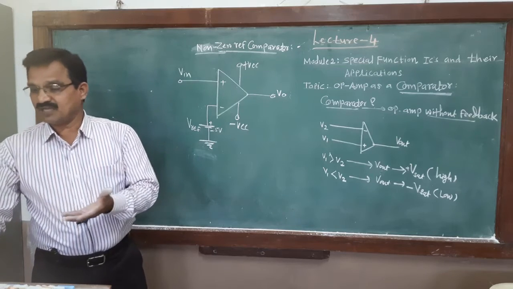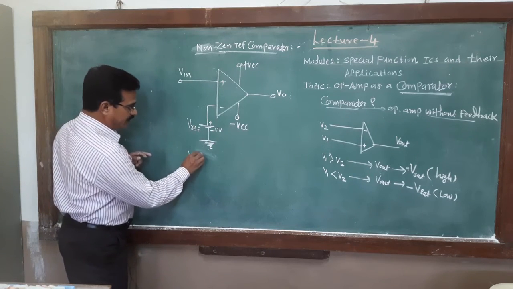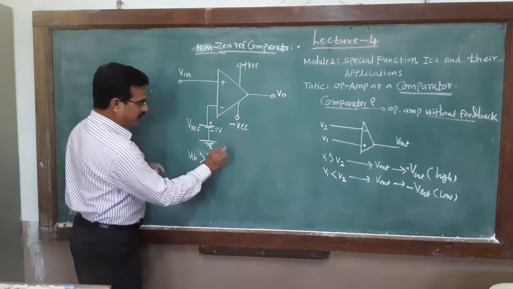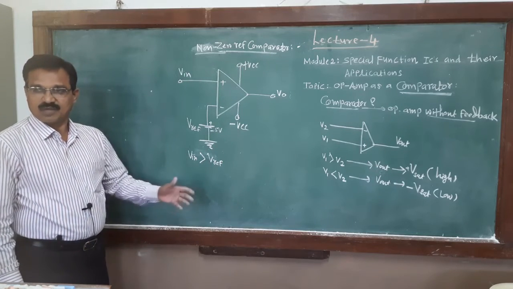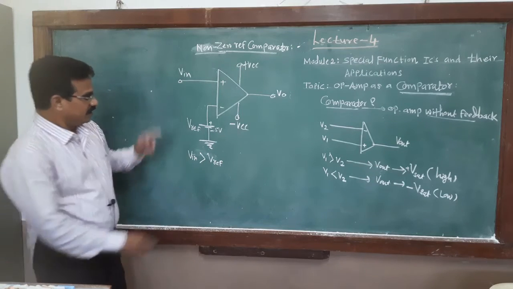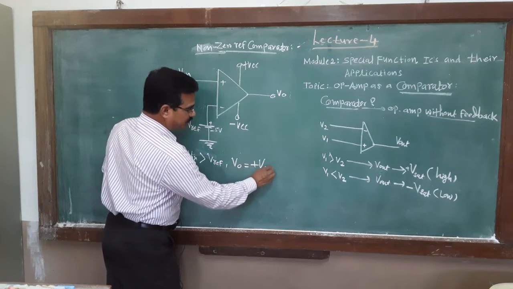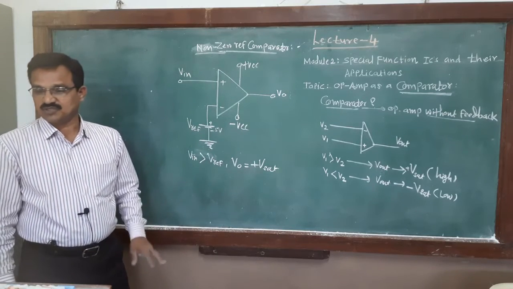Again remember that when the input is greater than the reference voltage, what will happen? Then the output must be equal to plus V saturation. The output goes into positive saturation.